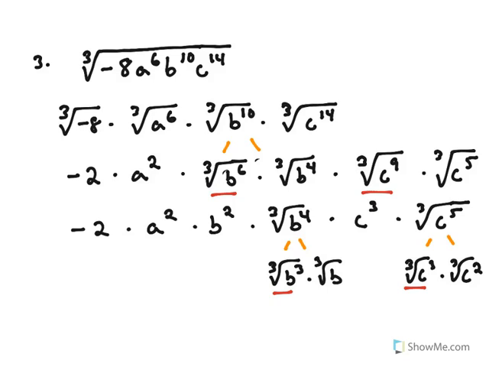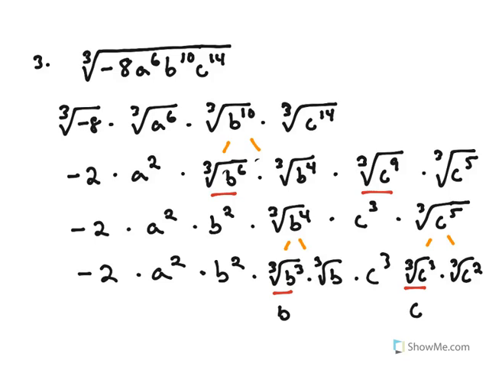Okay, so I'm not running out of room. All right, so again, if we take the cube root of this, it is going to be just b for that one, and this one's just going to be c.